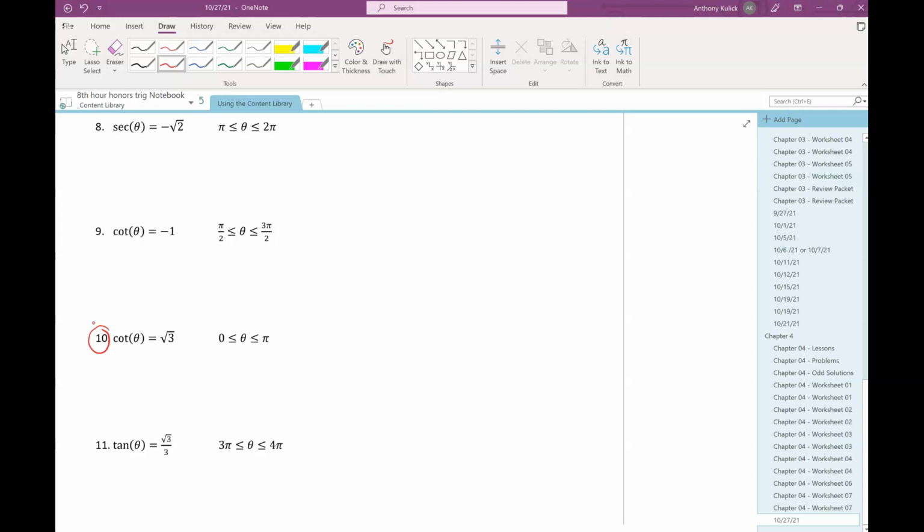What am I going to do with this? I remember that cotangent is the reciprocal of tangent. Everybody's okay with that? So if I take the reciprocal of both sides, I can say that tan theta is equal to 1 over root 3. So far, so good? So I'll be using tangent inverse on this one.